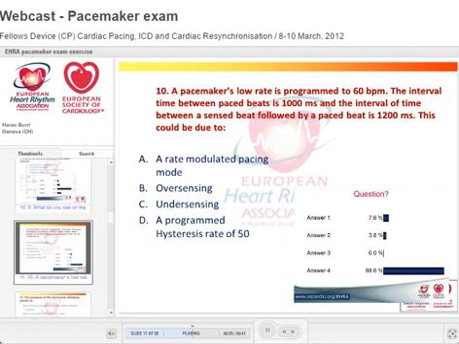Okay, so 88.6 got that right. So this is indeed hysteresis. The base rate is 60, it'll allow the rate to come down to 50 beats per minute as long as it's sensed. And at 50 beats per minute, it'll start pacing at 60. So that's hysteresis. It's something you really should know.